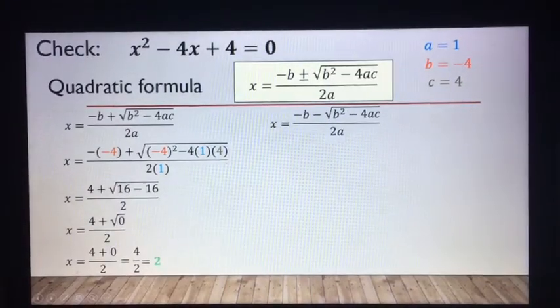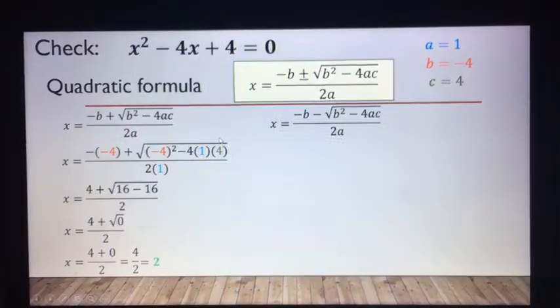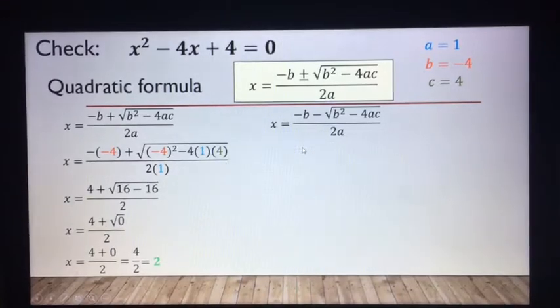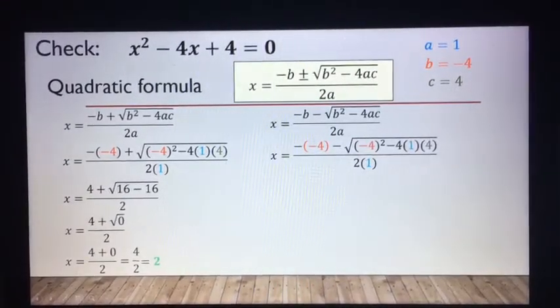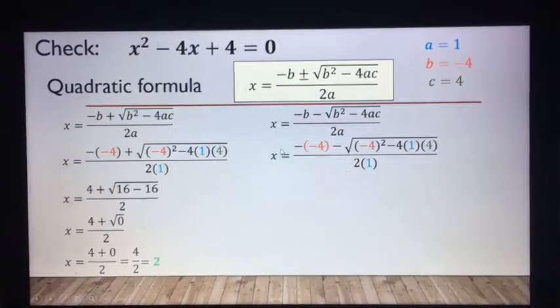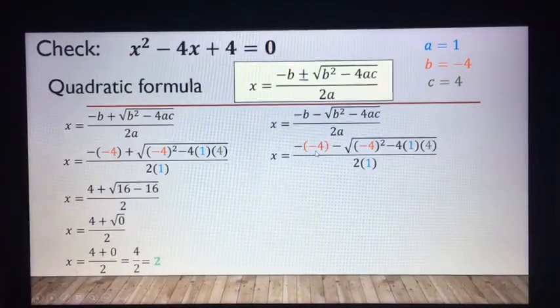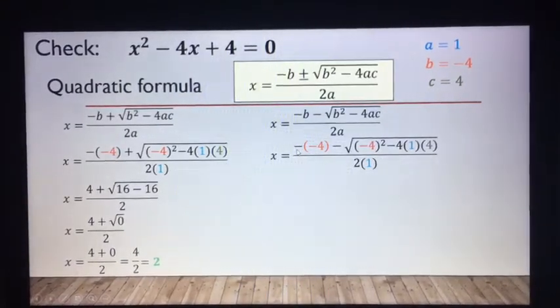Substitute the values of a, b, and c sa quadratic formula natin. So, magiging negative 4. Negative times negative 4 minus square root of negative 4 squared minus 4 times 1 times 4 over 2 times 1.